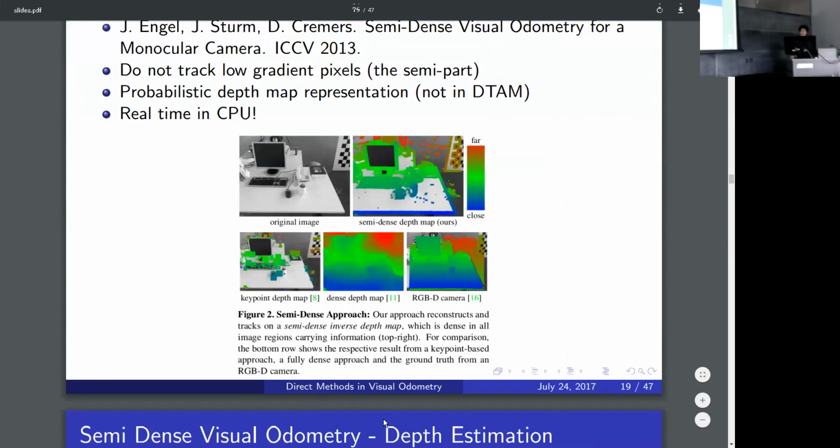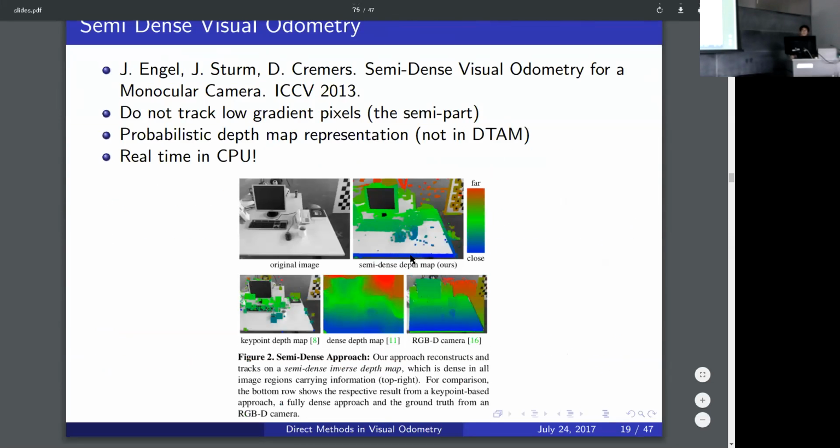Because it's comparing light intensities, when I say dense feature, it's basically that they're trying to look for the same pixel from one frame to another. If the cost function says there's a small light intensity difference, then they say those two pixels are the same.